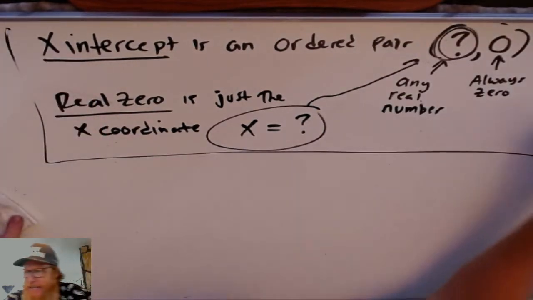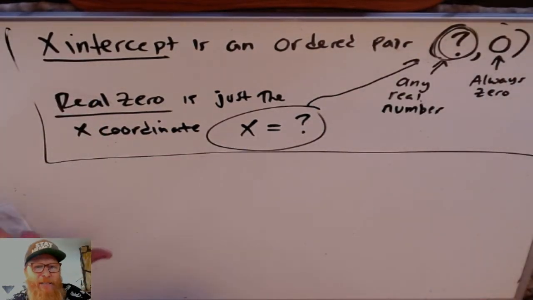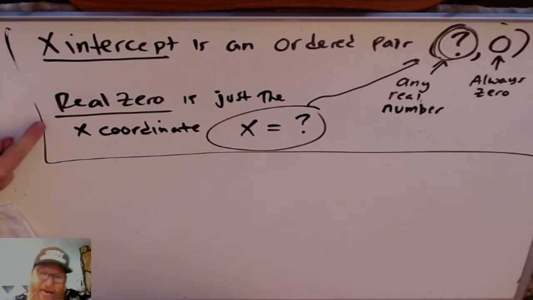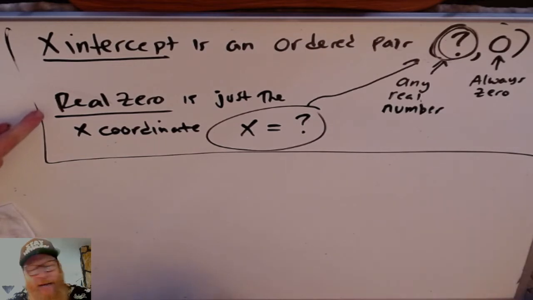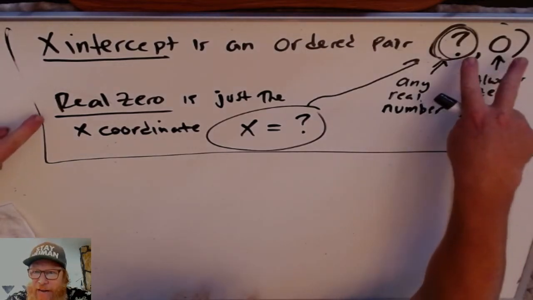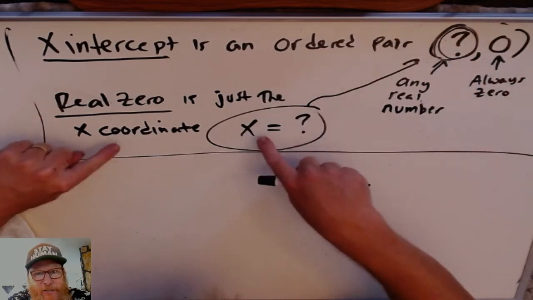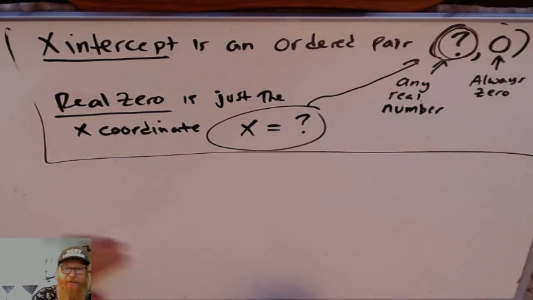So it is a matter of semantics. When I say x-intercept, do I really mean real 0? Yeah, I do. I mean that. But if I say find the x-intercept, then you have to write it as a pair. If I say real 0, you just tell me the x.